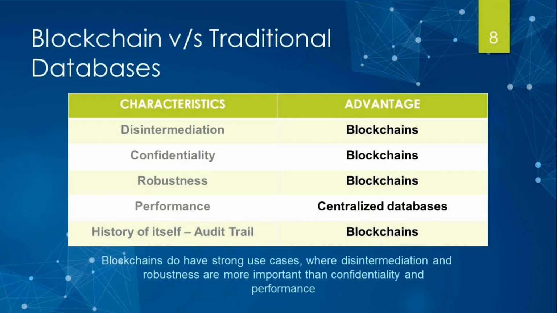Confidentiality. Of course, we will say that databases provide confidentiality. For example, you might want to encrypt the critical data of a transaction which is getting written to the database. Well, yes, but at the same time, someone can handle decryption as well. Someone has access. Definitely, an administrator of the database has access to the entire database. They can take it down, can decrypt the entire data, and voila, you have all the data exposed. We have seen so many examples in today's world where critical data has been hacked.